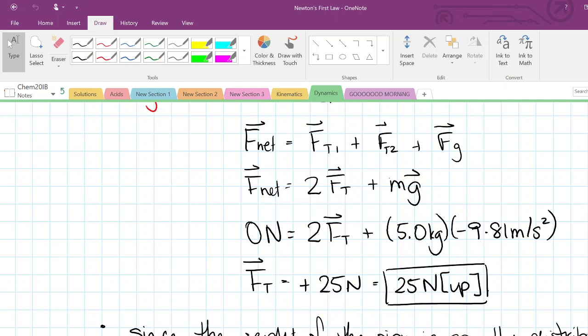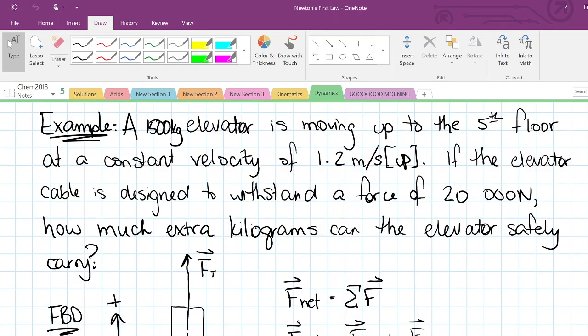Second example here would be a problem. A 1,500 kilogram elevator is moving up to the 5th floor at a constant velocity. So this term here is important because this tells me that the acceleration is 0 meters per second squared. Right, so I know I'm undergoing uniform motion, and if I'm undergoing uniform motion, I know it's a first law problem, so force net has to equal 0.